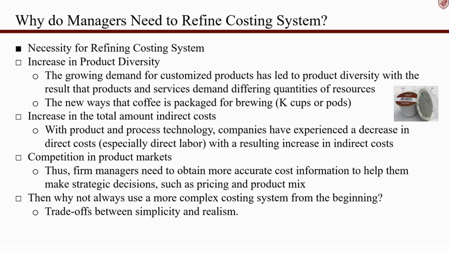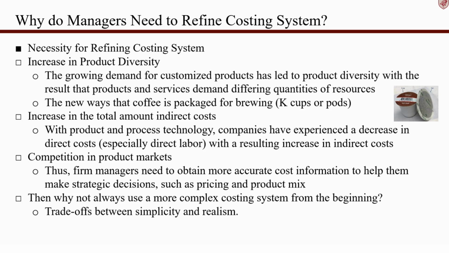On the other hand, you want to be more realistic. You want to keep the cost as accurate as possible, right? But then another problem is it's going to be really complex. You have to always keep track of what kind of resources are used, and how much, for different types of products.